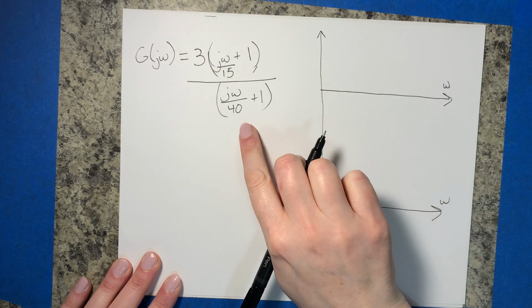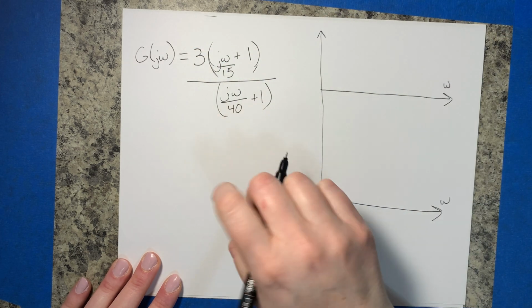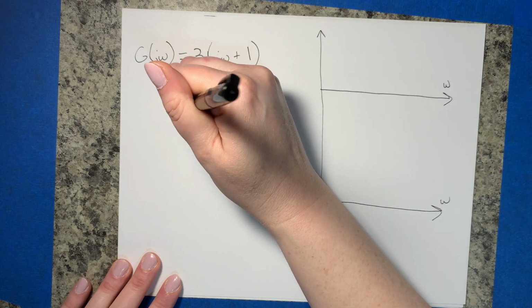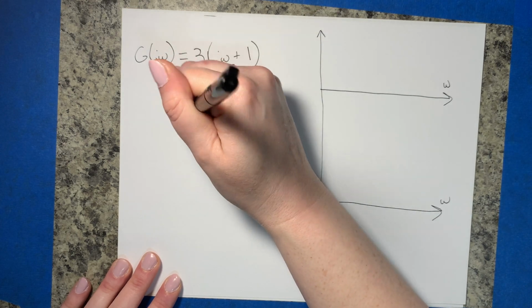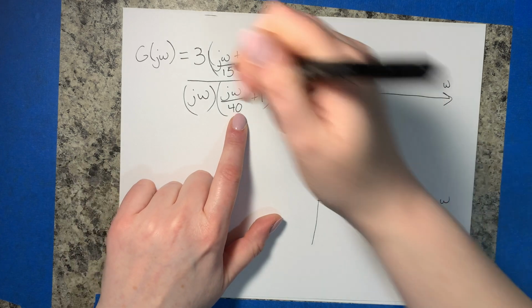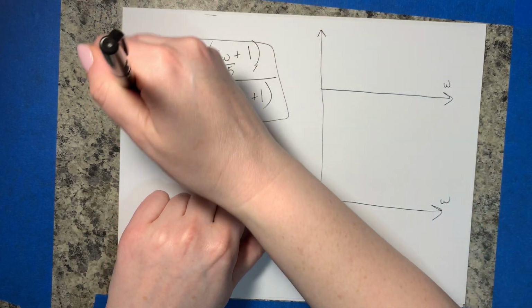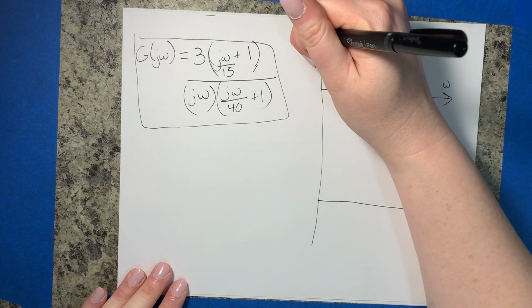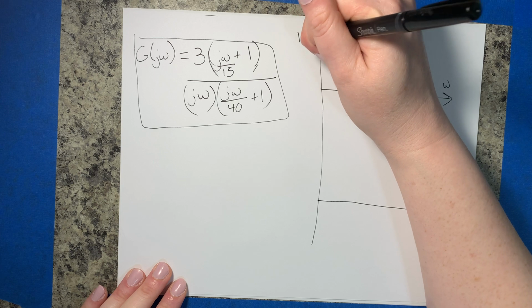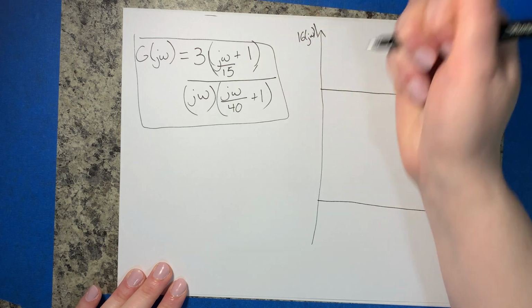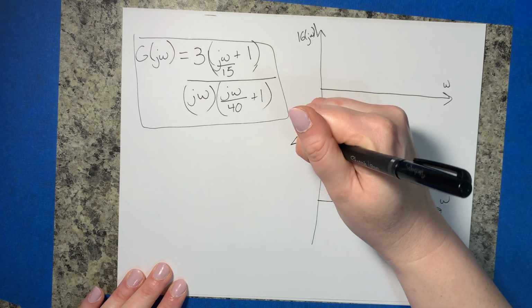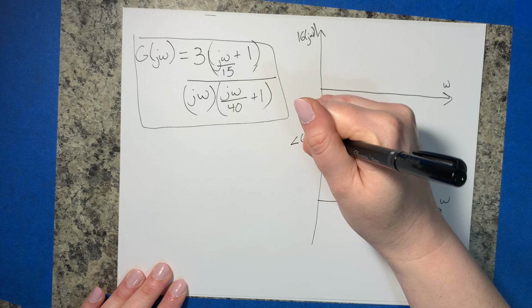And then I'm also going to have another pole that happens at the origin. Okay, so this is going to be my transfer function right here. And I want to do the magnitude part of the Bode plot and also the phase angle part.